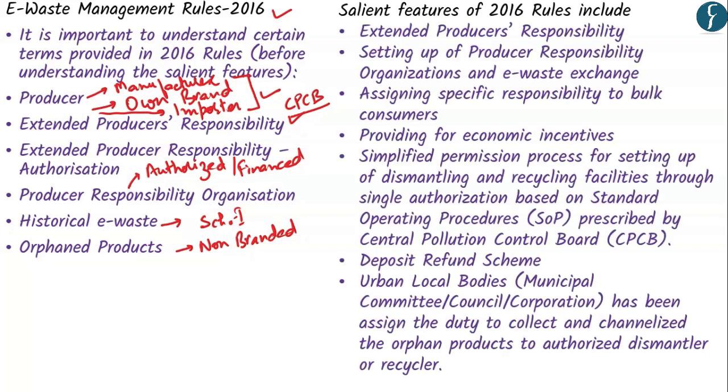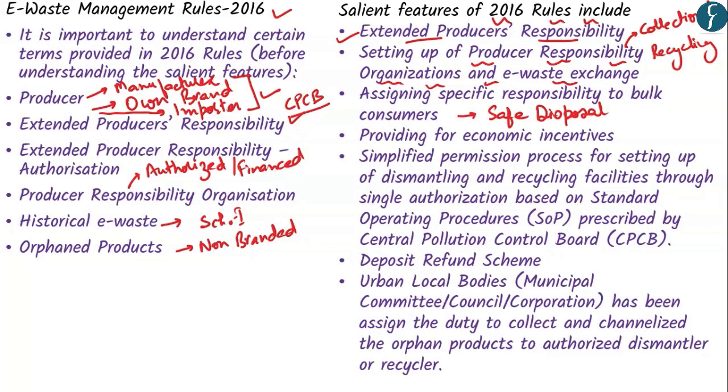Now, as far as the salient features of 2016 rules are considered, it includes: first and foremost, extended producers responsibility, setting up of producer responsibility organization and e-waste exchange to facilitate collection and recycling, assigning specific responsibility to bulk consumers of electronic products for safe disposal, providing for economic incentive for collection and channelization of electronic waste, simplified permission process for setting up of dismantling and recycling facilities through single authorization based on standard operating procedures prescribed by Central Pollution Control Board.